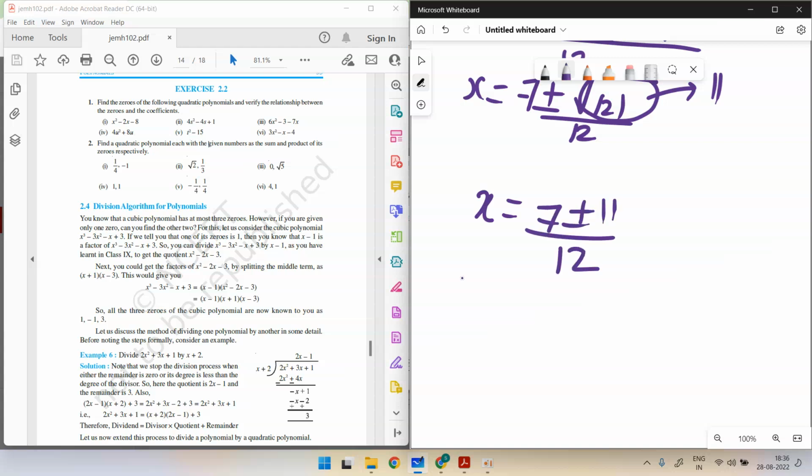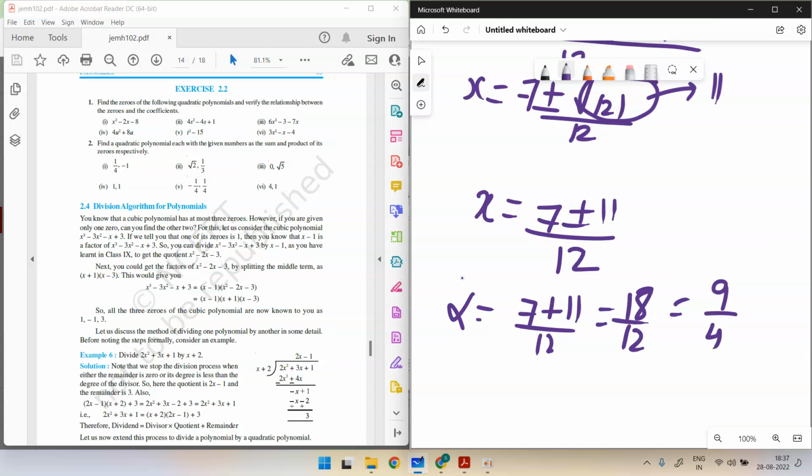Alpha is 7 plus 11 by 12, which is 18 by 12, nothing but 9 by 4. And beta is the minus part, so this will be minus 4 by 12, nothing but 1 by 3. And if you add the two and do alpha plus beta and alpha into beta, then this will satisfy this equation.